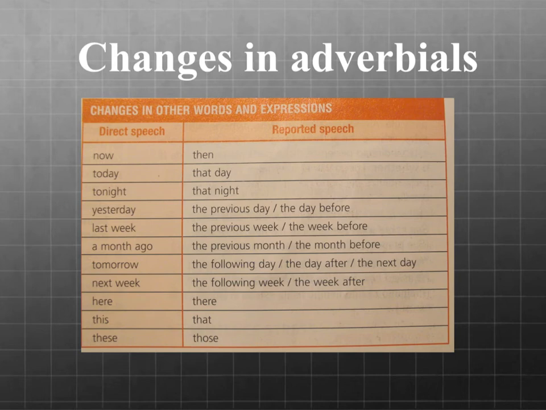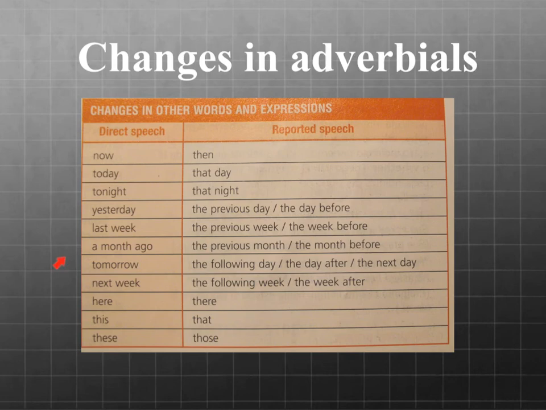If you have tonight, you need to use that night. Yesterday or last week or last year, they become the previous day, the previous week, or the previous year, whatever you have said, okay? A month ago becomes the previous month or the month before.